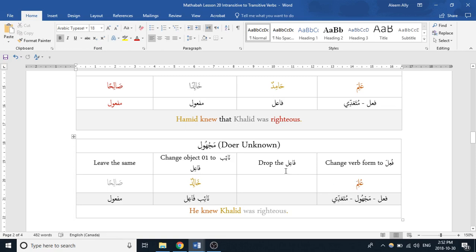And then you drop the fa'il. You get rid of that, and you turn the first object into the na'ib fa'il. The way that you do it is you make the na'ib fa'il look exactly like how the doer would look, which is usually you put it into a state of rafa, and then the second object remains the same, and now it would be he knew Khalid was righteous.